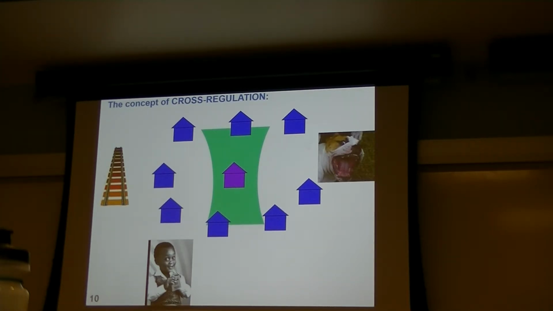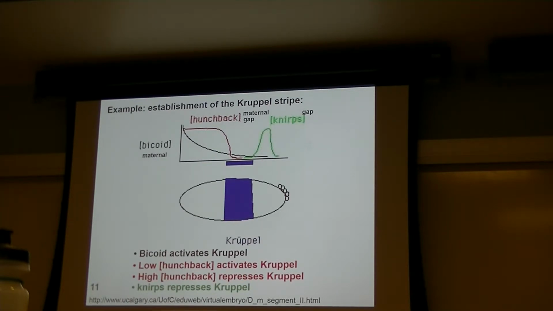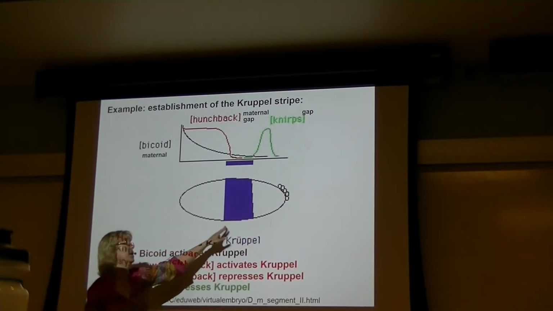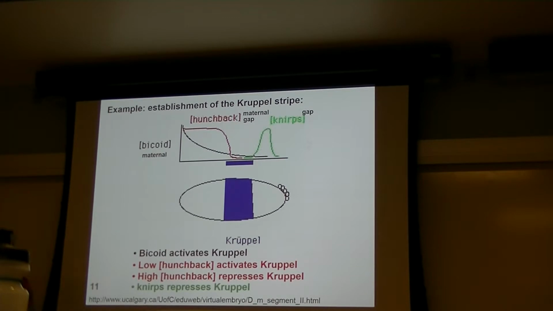So when you look at a gene now, you can think about the same sort of thing going on. If we look at Krüppel, one of the gap genes, and how it's expressed in the embryo, it needs to respond appropriately to the positive or negative regulation of any of the maternal products and any of the gap genes that are there. So in the case of Bicoid, it activates Krüppel, so that normally would make a very long window for Krüppel to be expressed in the anterior portion of the embryo.